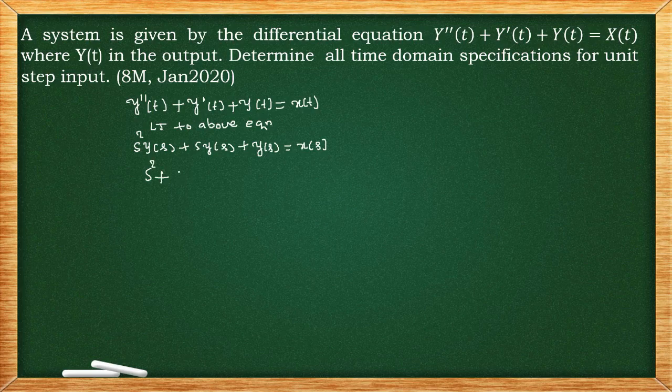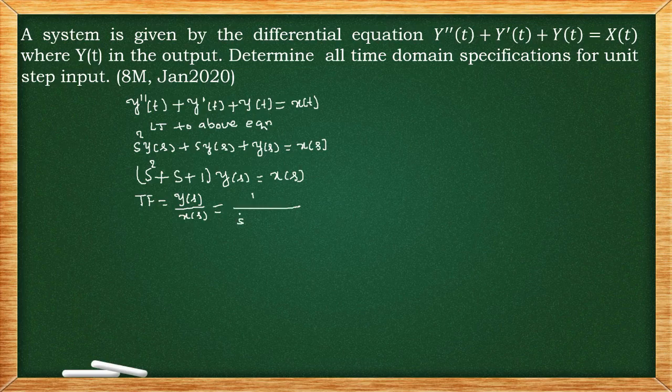Then we'll get s square plus s plus 1 into y of s is equal to x of s. Then the transfer function is equal to output divided by input, which is 1 divided by s square plus s plus 1.